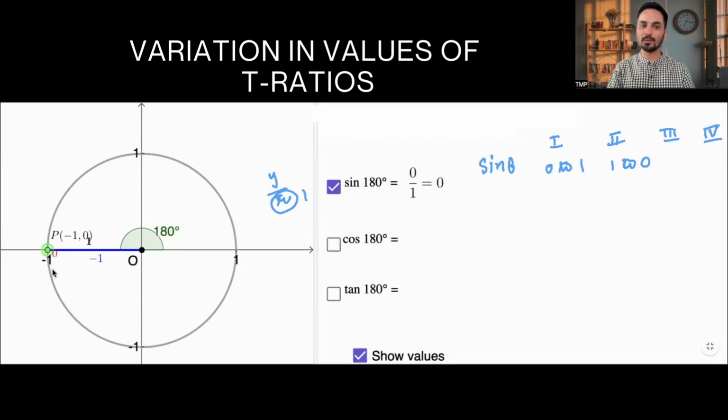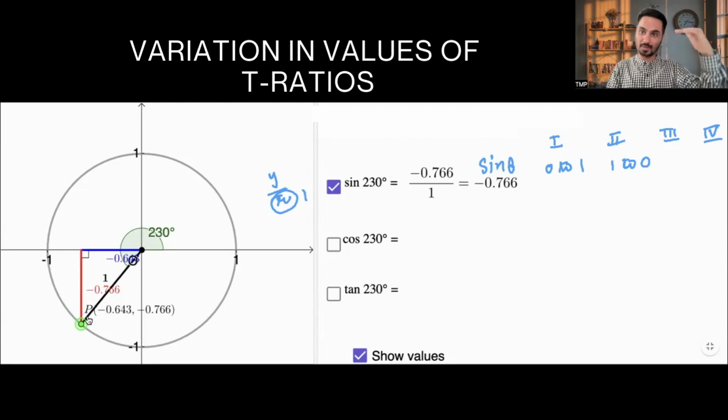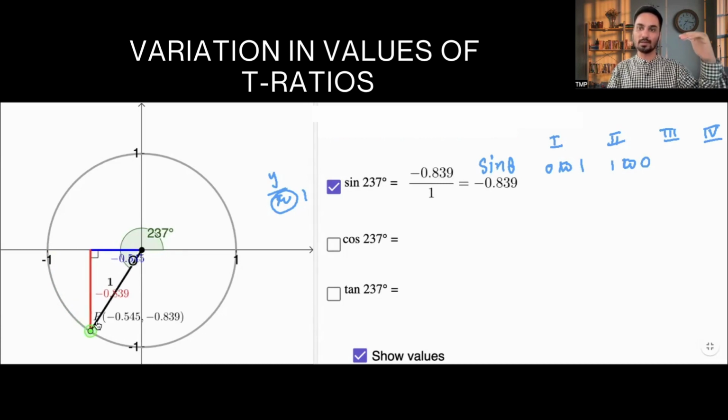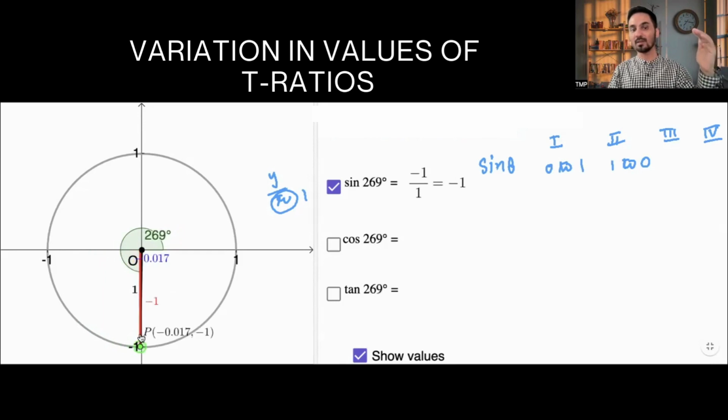And if we move further in quadrant 3, the value of y now becomes negative, because we know that in third quadrant, the y coordinate is negative. As the value of y is negative, that means the value of sine is decreasing. So now it is moving from 0 towards, yes, you're right, minus 1. So when we reach 270 degrees, the value of sine is minus 1. So in third quadrant, the value is changing from 0 to minus 1.